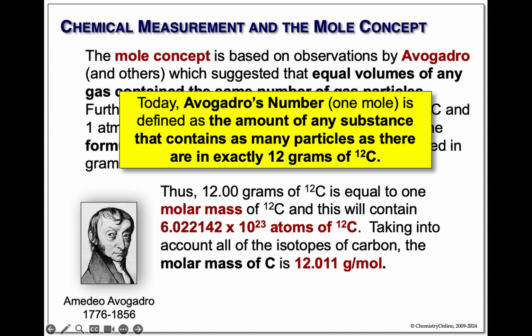Not carbon, but carbon-12, the isotope. So that's the modern definition. Now, the mole, once again, is a unit. And if you have any difficulty remembering that, here's something to help you remember it.